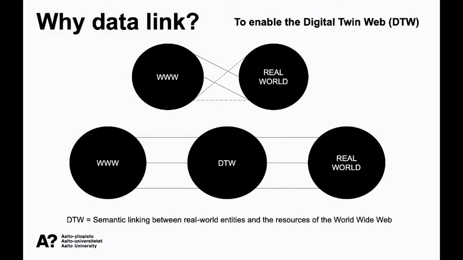Digital twin means semantic linking between real-world entities and the resources of the World Wide Web. Right. But this is work in progress, so let's see what we get here.